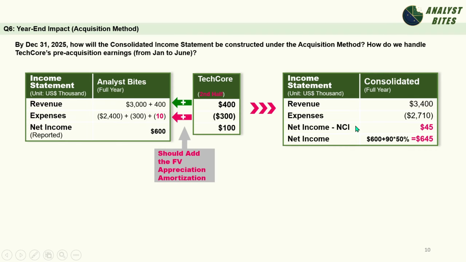Even though the numbers on the report look large, remember that only 50% of the subsidiary's profit truly belongs to the parent. The other 45 million belongs to the other small shareholders, and the parent company cannot take it.